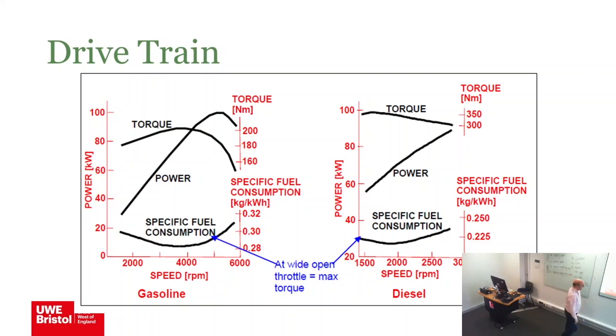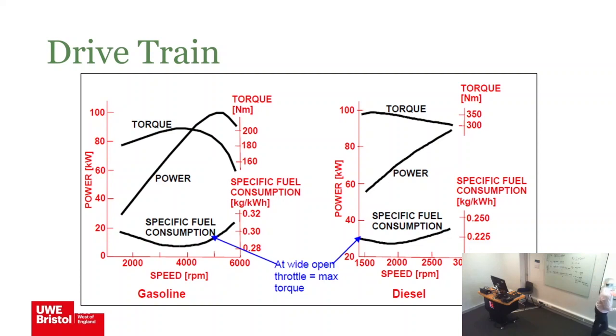With a diesel engine, you can see that the torque curve is much flatter, so the power is therefore much more linear. But notice that the speed that this engine maxes out at is quite slow, about 2,800. In cars, diesel engines run to about 4,500, 5,000, whereas the petrol engines will be about 6,500, 7,500.